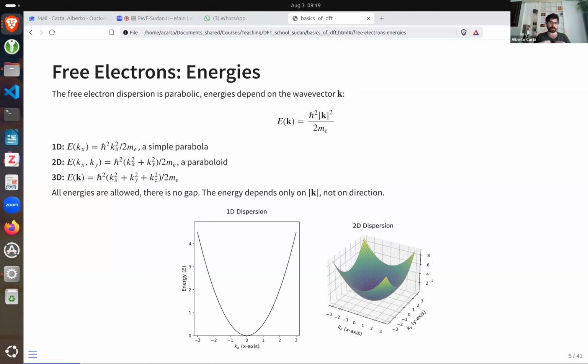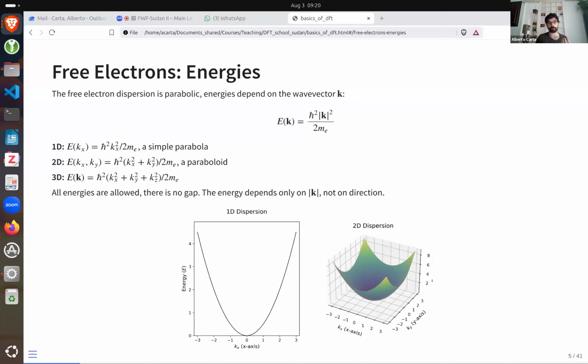The idea here is that you don't have a quantization because you don't have a confining potential. So the electrons are free to exist at every energy, and the energy of each electron is given by its wave vector, and it depends on the Planck constant and on the mass of the electron.